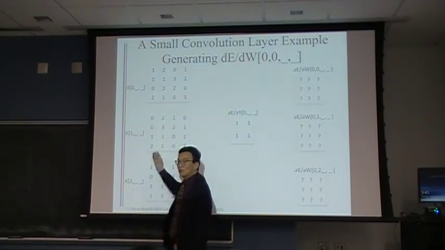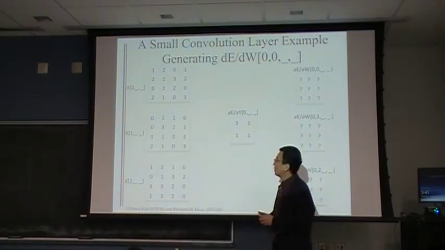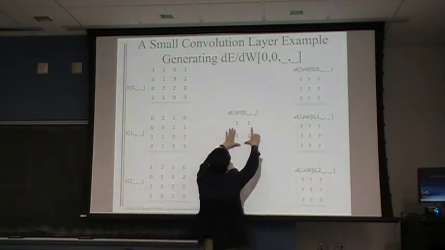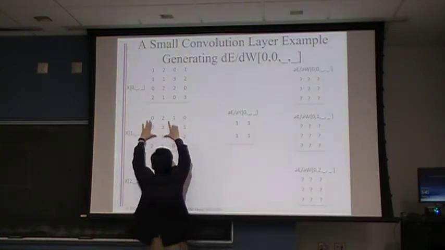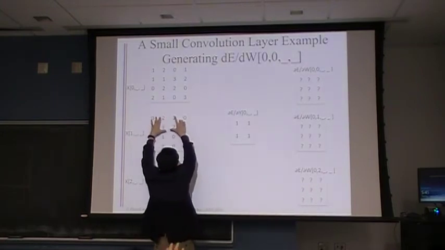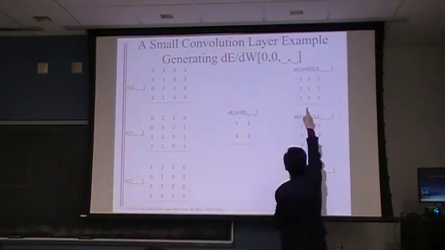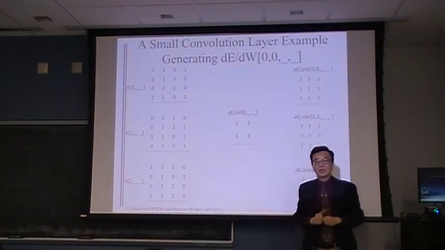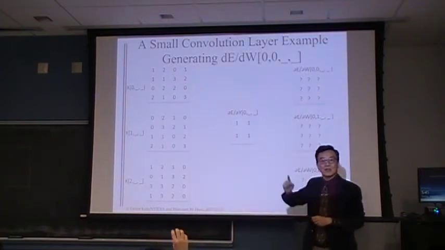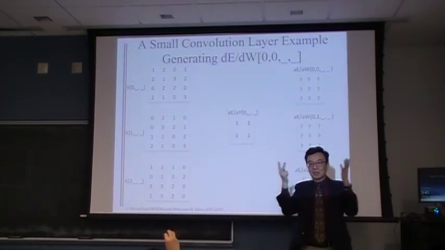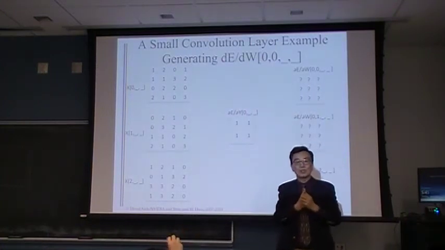We just said that we're going to be doing a convolution of this thing here, and here, and here. And we're going to generate the first three elements in the delta E, delta W. So that should give you further visual intuition.